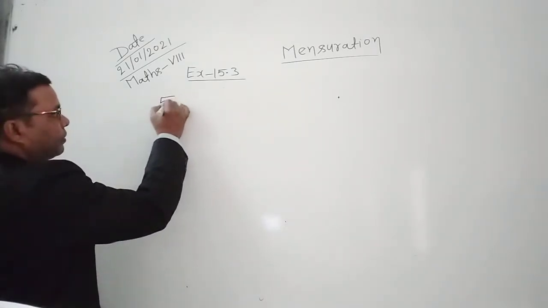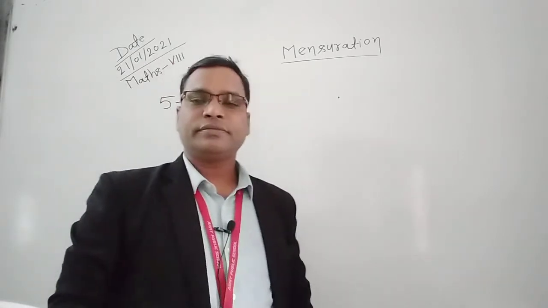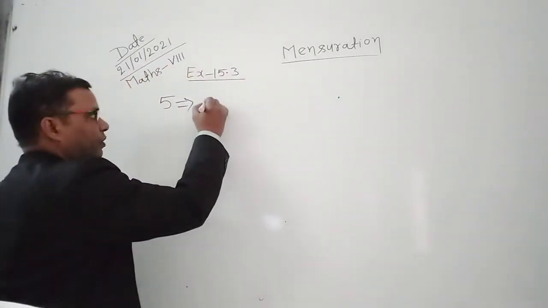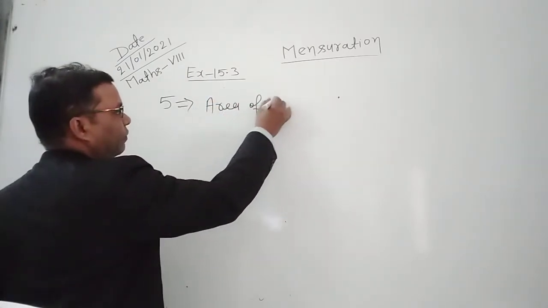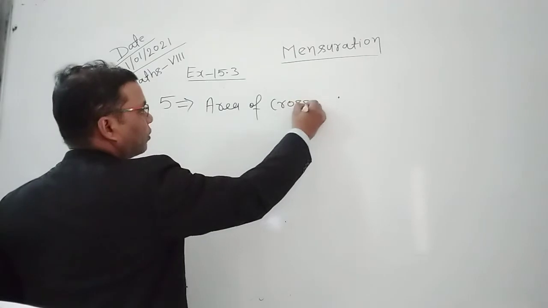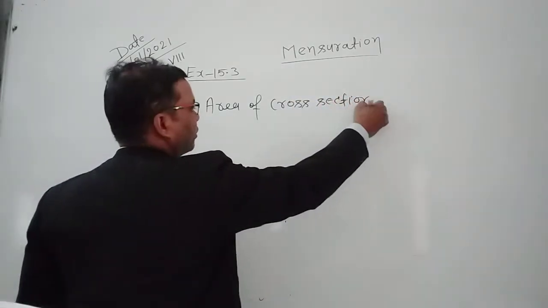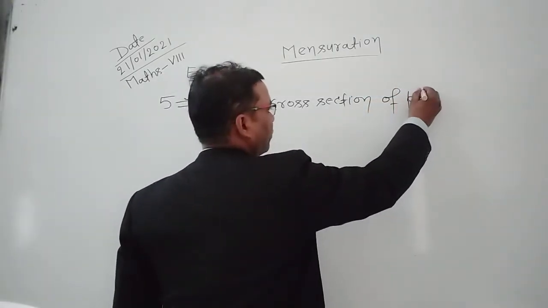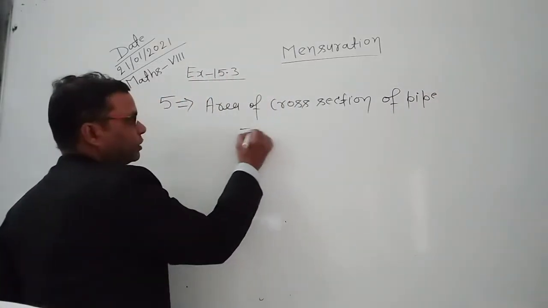So first we write here area of cross section of pipe. This is equal to what?